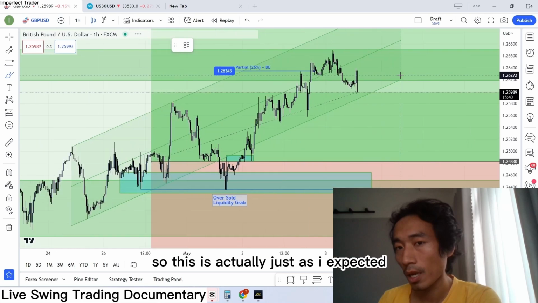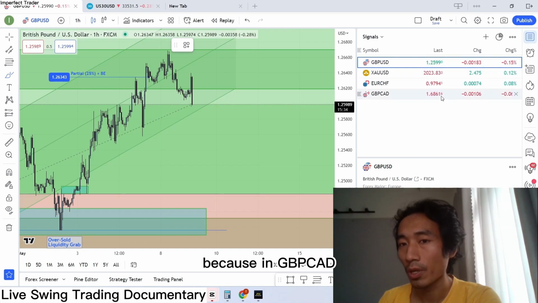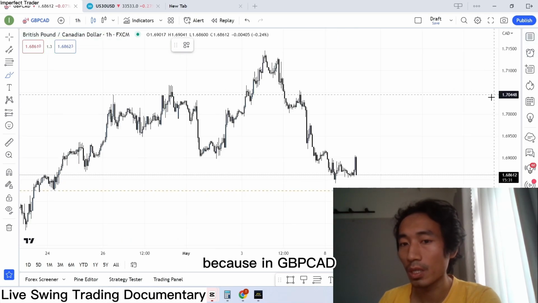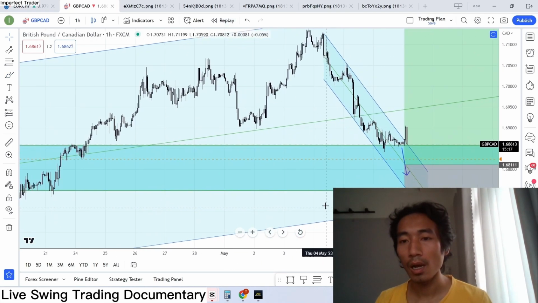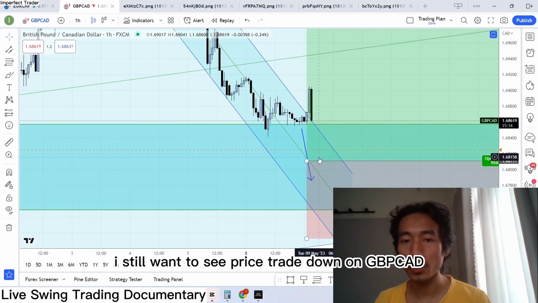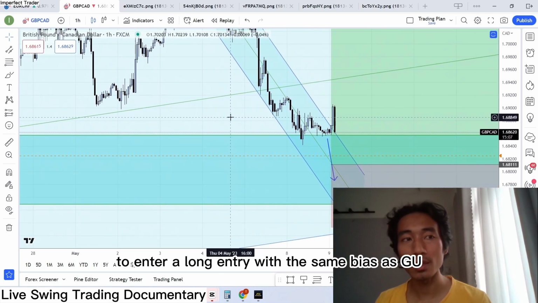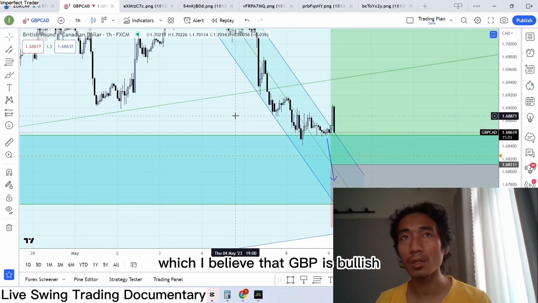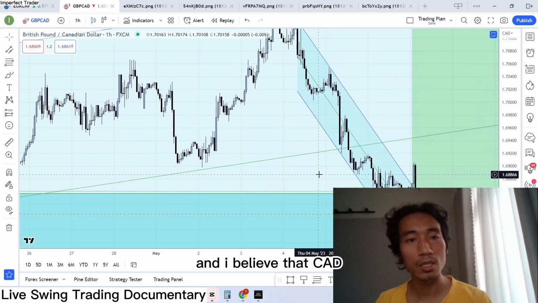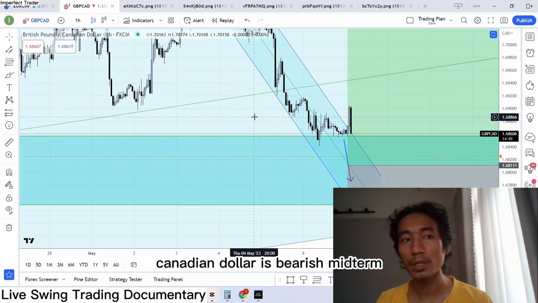So it's actually just as I expected, and I actually want to see this move happen because in GBP CAD, you can see that I still want to see price trade down, and then I'm gonna find an opportunity to enter a long entry with the same buyers as GU, which is I believe that the British pound is bullish, and I believe that the Canadian dollar is bearish midterm.